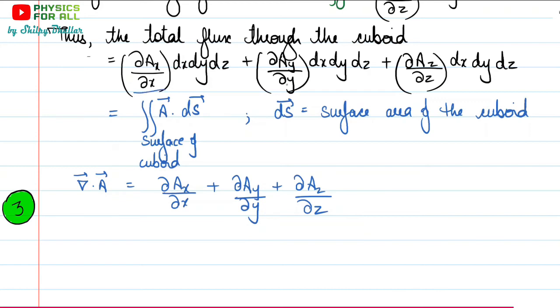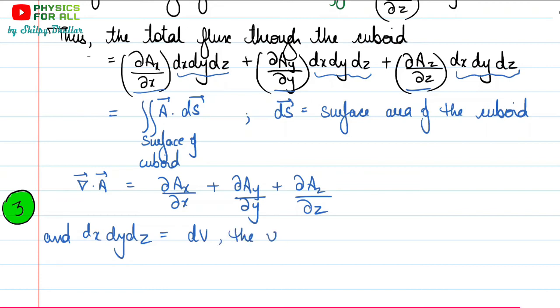This is curly ax upon curly x, this is curly ay upon curly y, and this is curly az upon curly z. And all these three terms have dx, dy, dz as common. And what is dx, dy, dz? That is the volume, dv. So we can write this dx, dy and dz as dv, because it's showing the change in all the directions. This is the volume of the cuboid.